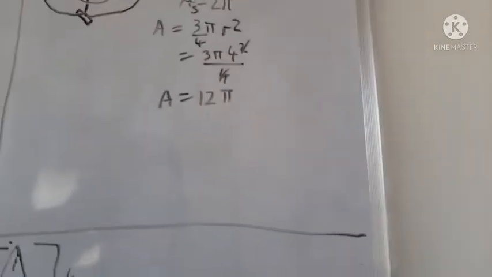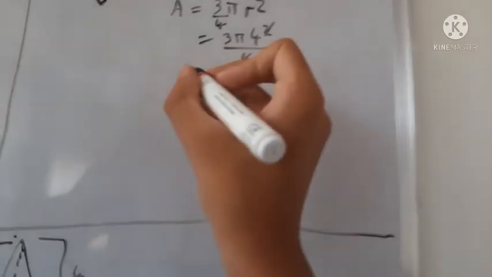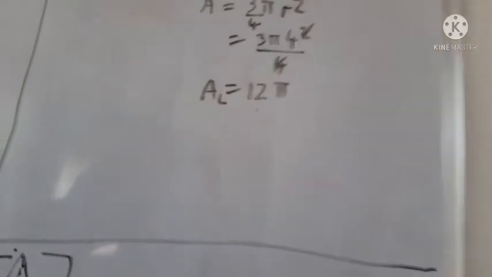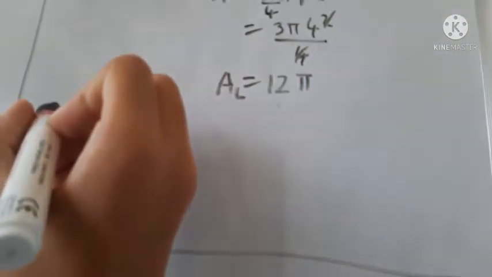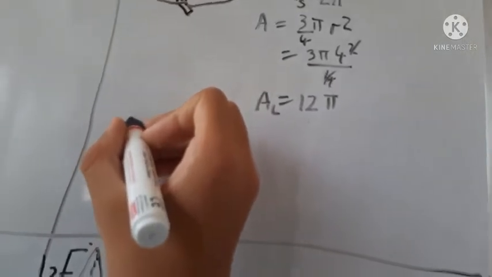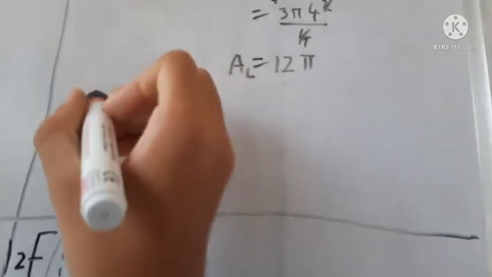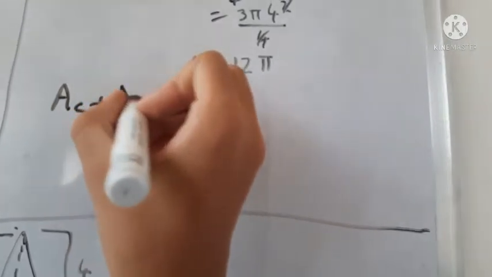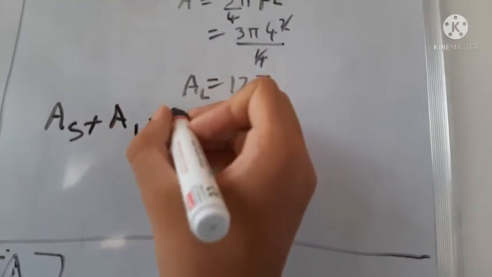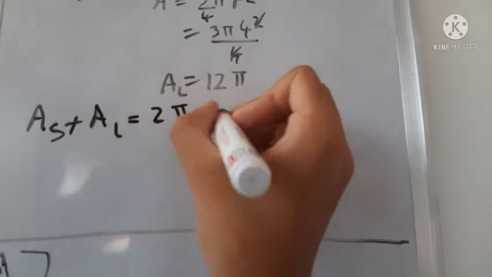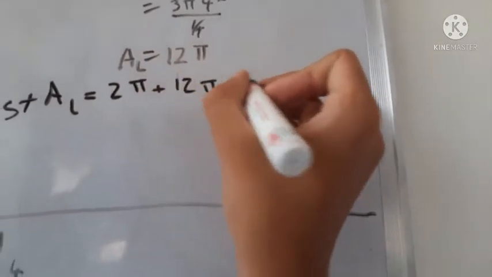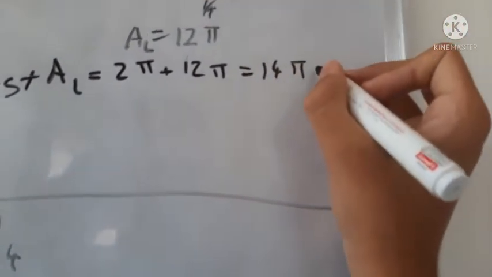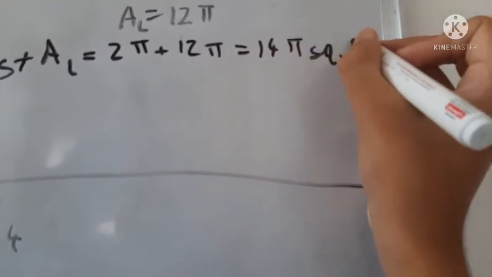And that's for the larger area. So combining those, we have the total area of our shape. So we have As plus Al. This will be 2 pi plus 12 pi, and this adds up to 14 pi square inches.